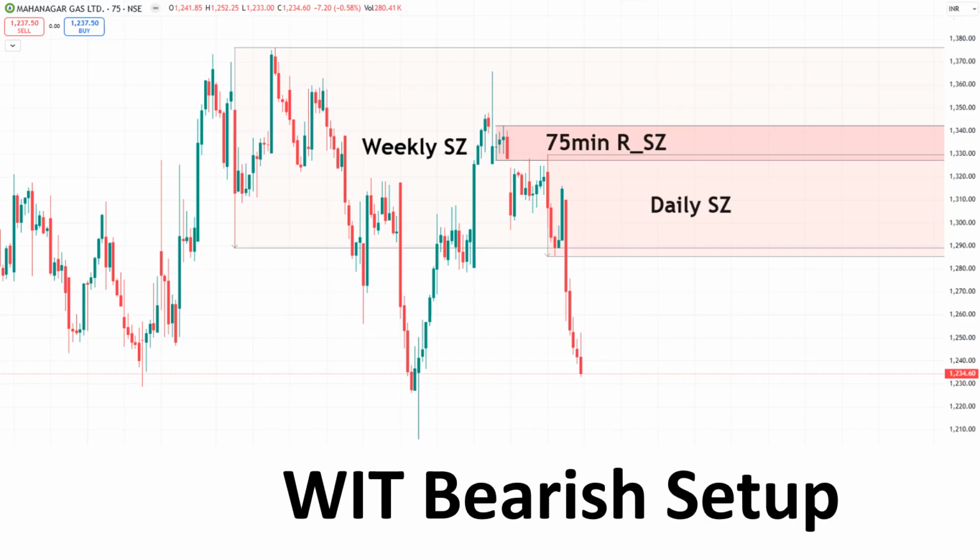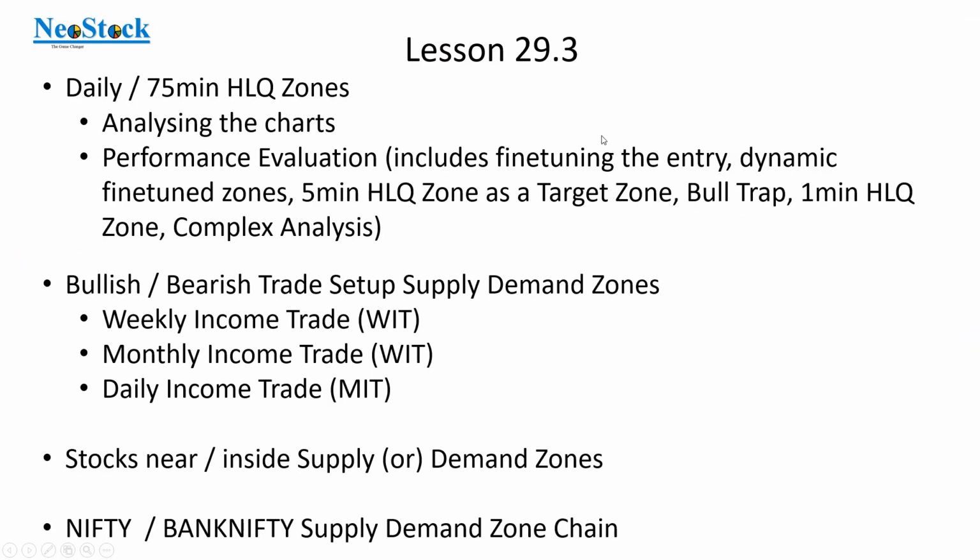If the fine-tuned zone is fresh, at least one order flow should be there, because a zone might have multiple fine-tuned 5-minute zones. In that case, at least one fine-tuned 5-minute zone should be a fresh zone. In such a situation, until that fresh zone is tested, this zone supports multi-testing because it is a high liquidity zone.